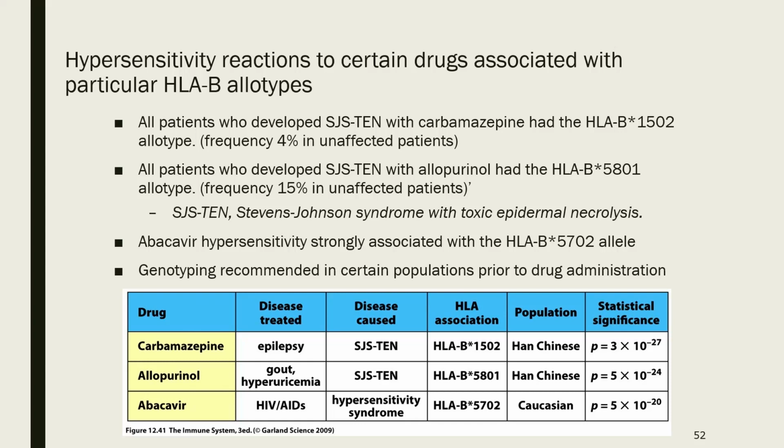For example, patients that have allergic reactions to carbamazepine usually have the HLA-B*1502 allotype. Now on your version there may be a typo here. It's 1502, just refer to the table here. I think in the earlier versions I typed 5801. Scratch that and write down 1502 as the correct allele type.